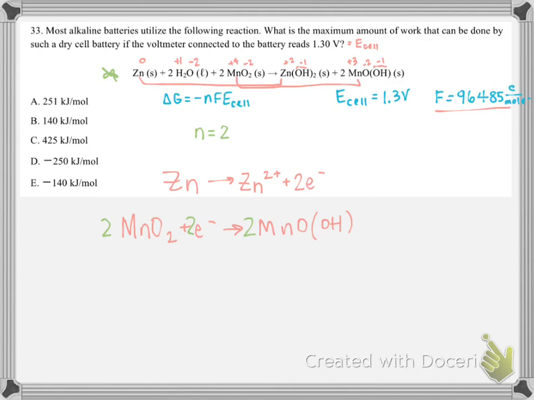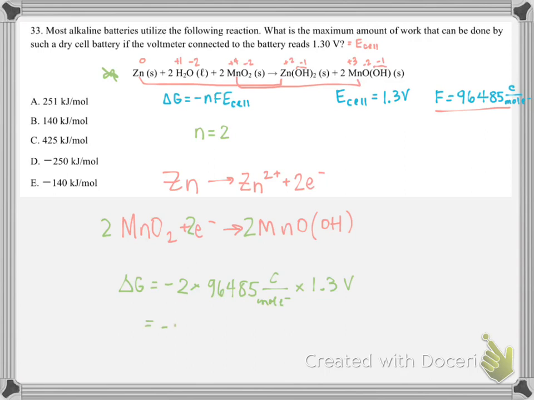Okay, but then we can say delta G is equal to negative 2 moles of electrons times Faraday's constant, just coulombs per mole of electrons, times our E cell, which they gave us as 1.3 volts. And when you solve this, the number pops out in joules.